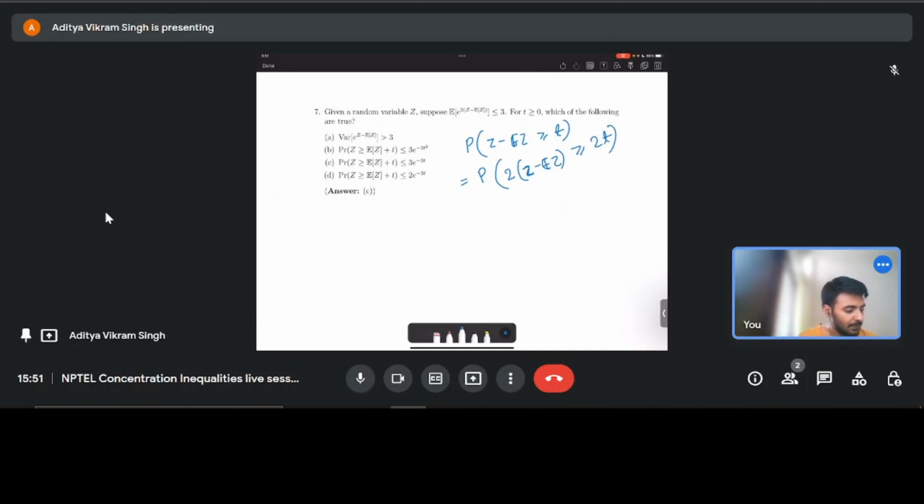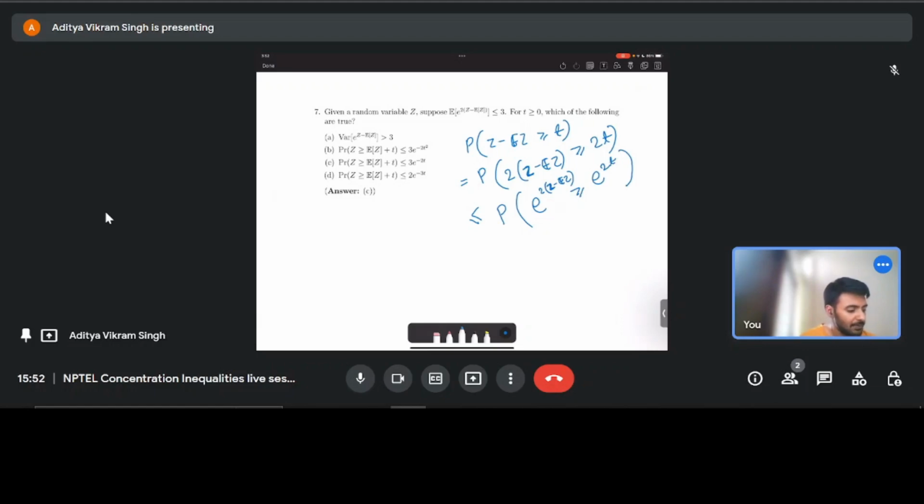In the general Chernoff method, we multiply by lambda, but here we are multiplying by 2, taking lambda equals 2. Then this would be less than or equal to the probability that e power 2 times (z minus expected value of z) is greater than or equal to e power 2t. This is z, not 2.